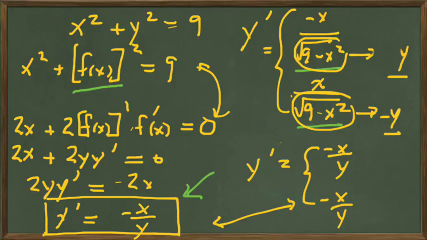So let's do another example to see how we do this implicit method.